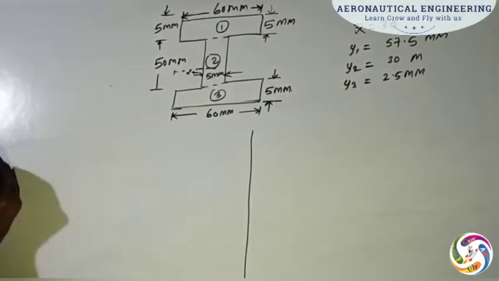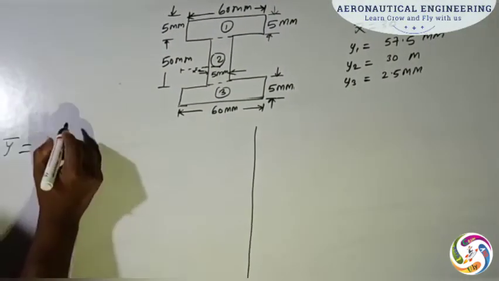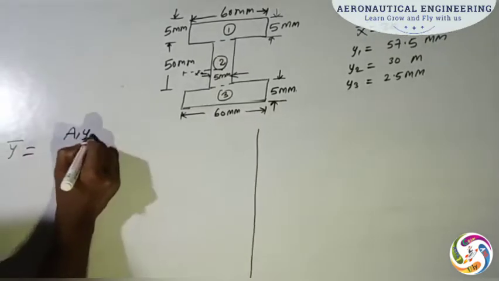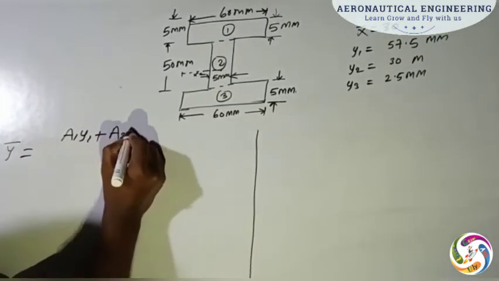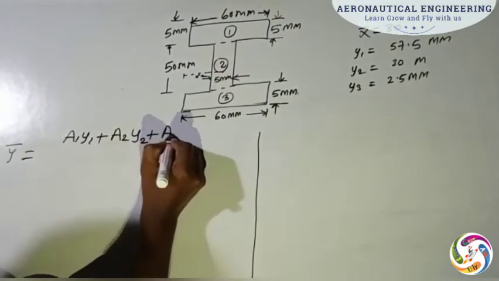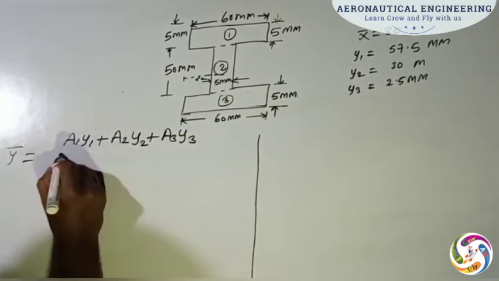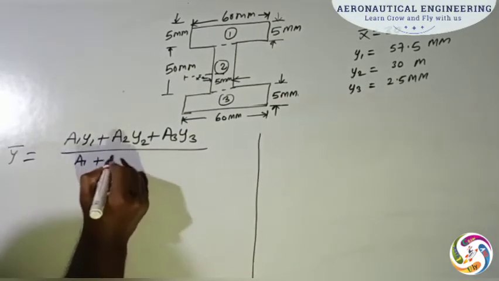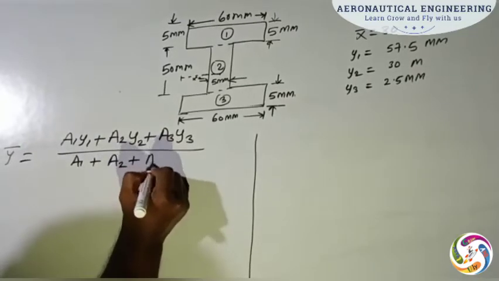Now we have to calculate the y bar value. The y bar formula is A1 y1 plus A2 y2 plus A3 y3 upon A1 plus A2 plus A3.